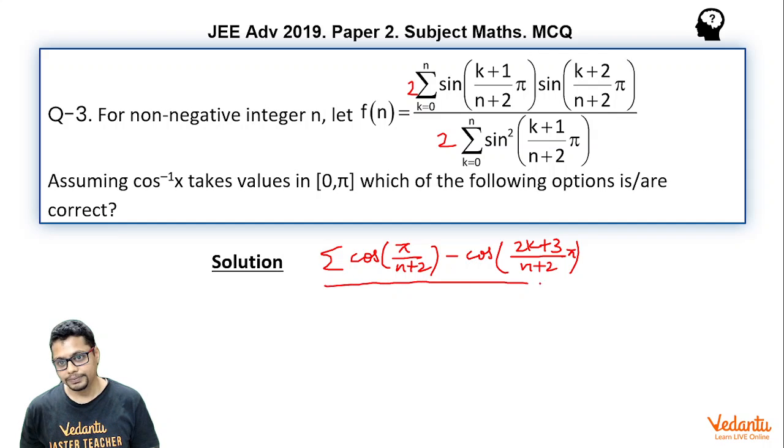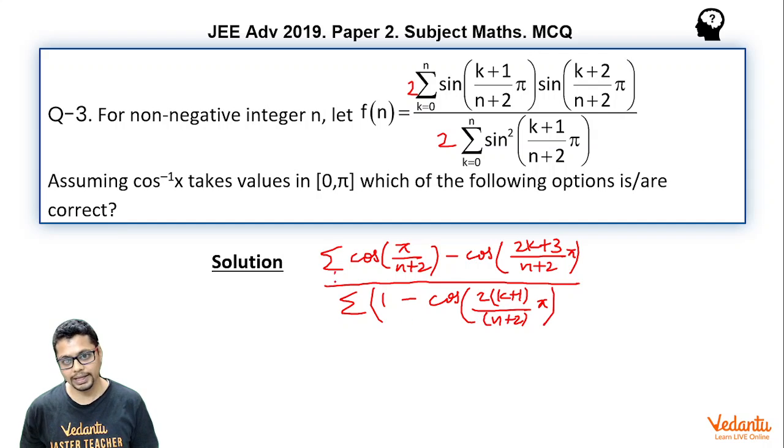divided by sigma, 2 sine square theta I can write as 1 minus cos 2 theta. So basically it becomes this whole summation, and k varies from 0 to n, and so below also it varies from 0 to n.